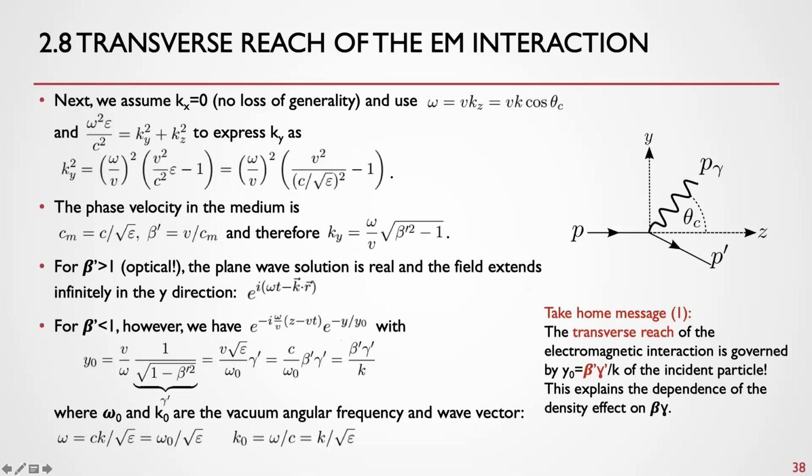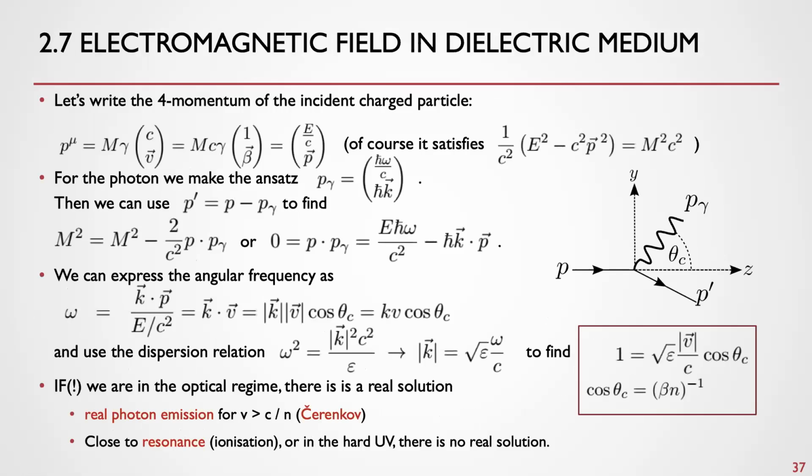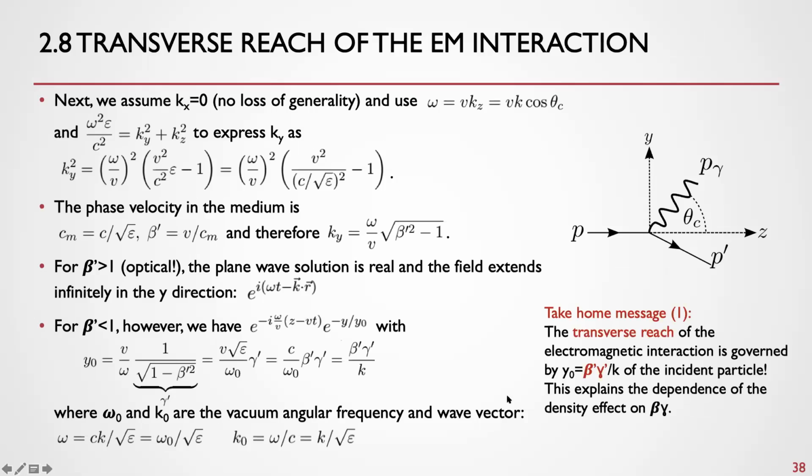So for ultra-relativistic particles, for not ultra-relativistic particles, for particles that approach the Cherenkov threshold, which is given by beta equals 1 over n, the field begins to extend towards infinity, and above the threshold, a real photon is emitted.